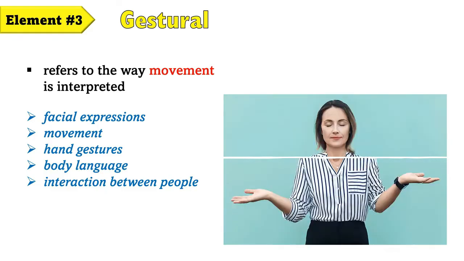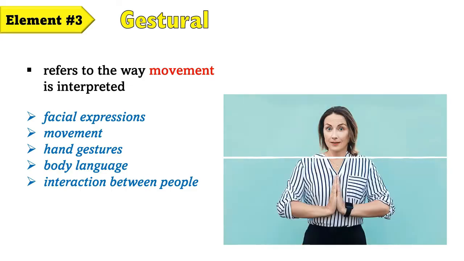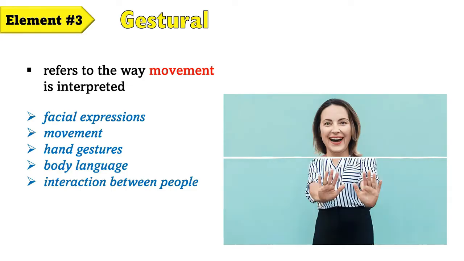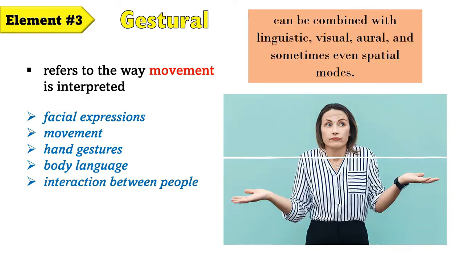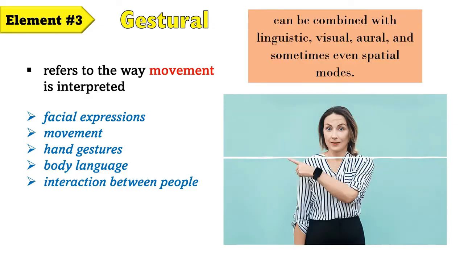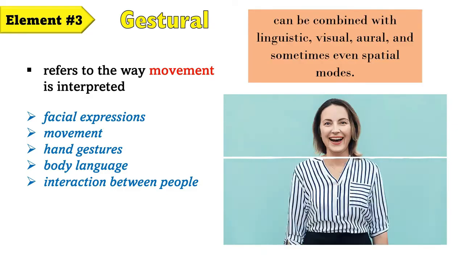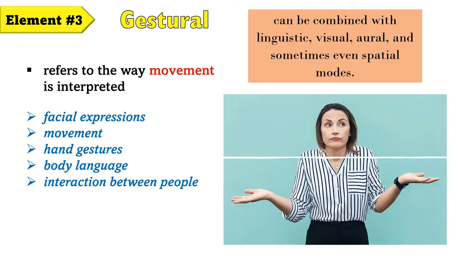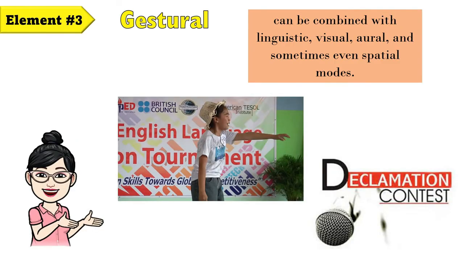To create more detail and to convey clearer message, gestural mode can be combined with linguistic, visual, oral, and sometimes even spatial modes. This is true when you watch a performance in a declamation contest. It is a combination of gestural, linguistic, visual, oral, and spatial modes.